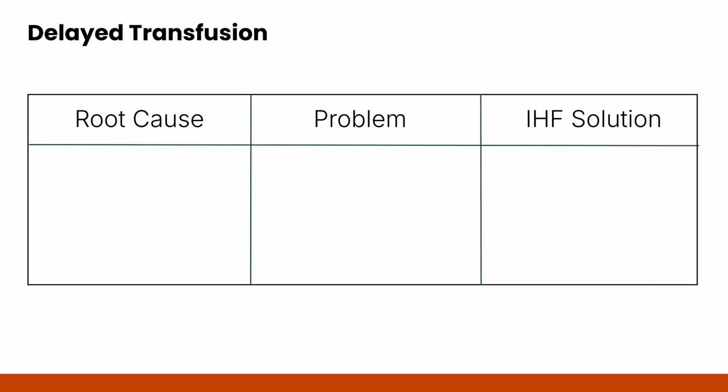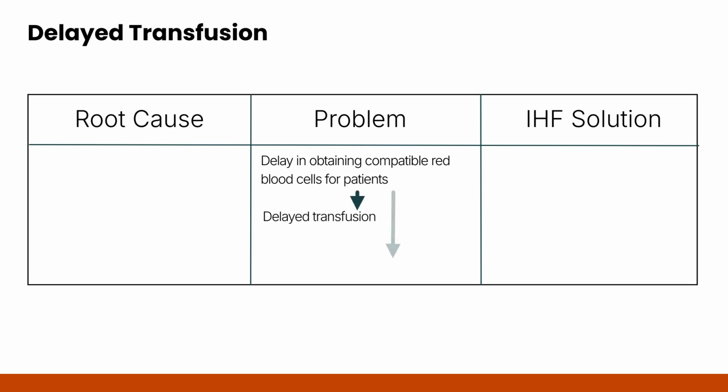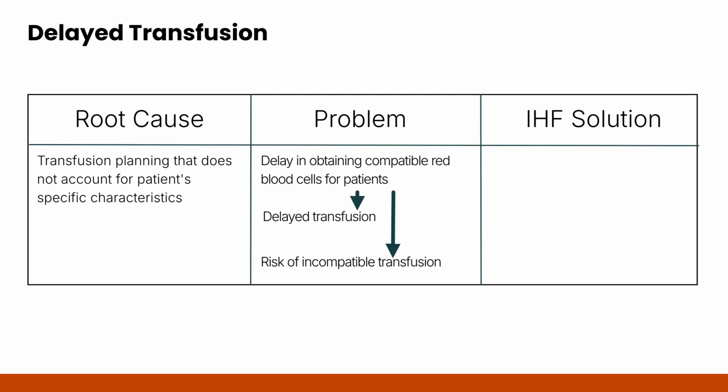Delayed transfusion is the first issue to discuss. The problem. There is a delay in obtaining compatible red blood cells for patients. This may delay an urgently needed transfusion, and in emergent situations raise the risk of incompatible transfusions. The root cause of this problem is transfusion planning that does not account for patient-specific characteristics.